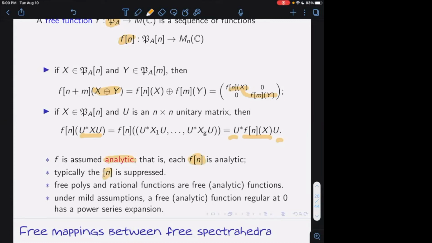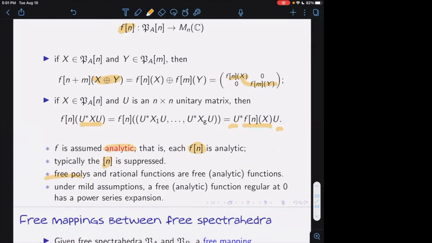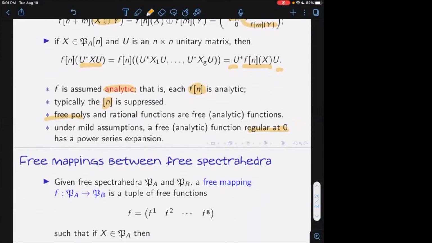We'll quit writing the bracket n, keeping track of the size. And the key thing is, if you want to just think about rational functions or even just free polynomials, that's fine. Those are examples. And then under some mild assumptions, which are always going to be enforced for me, an analytic function regular at 0 is going to have a power series expansion. So you could think in terms of power series if you wanted as well.